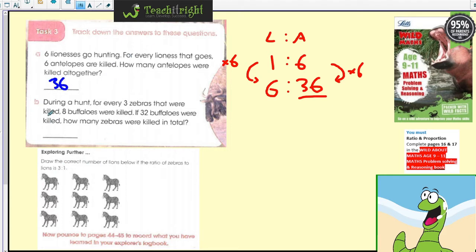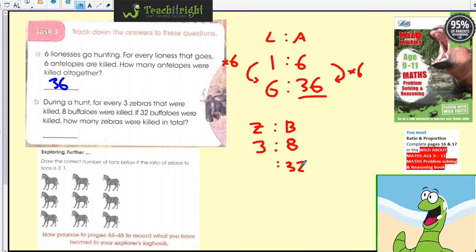And then during a hunt, for every 3 zebras that are killed, 8 buffaloes were killed. So here we've got the ratio of 3 zebras to 8 buffaloes. If 32 buffaloes are killed, how many zebras were killed in total?